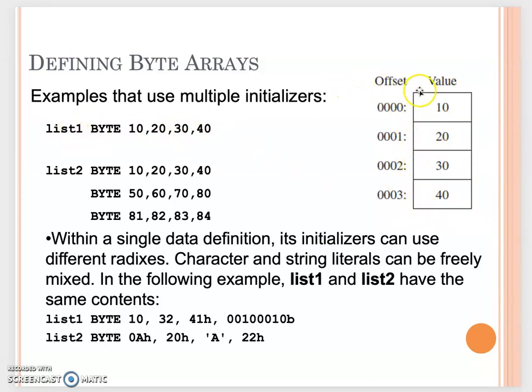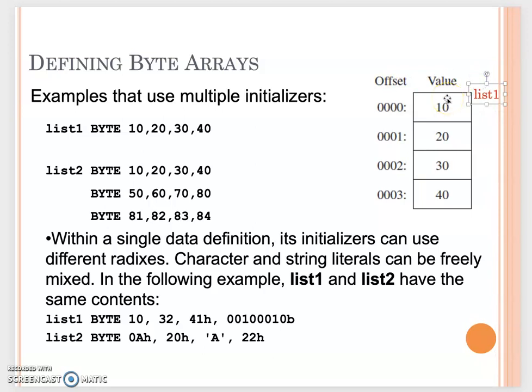I have the list1. Let me show you, list1 actually is here. Your list1 is your name label, right? It refers to the beginning of this address. Let me put it on the right hand side.